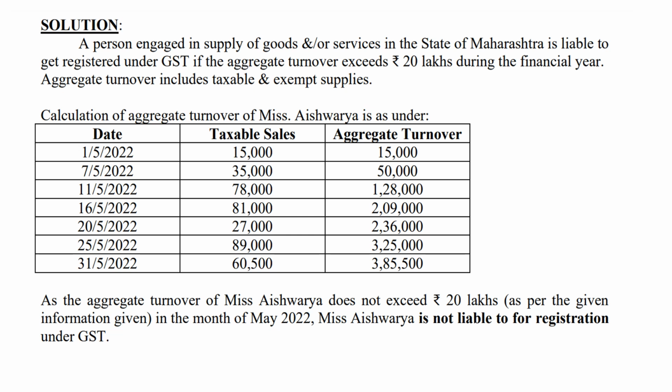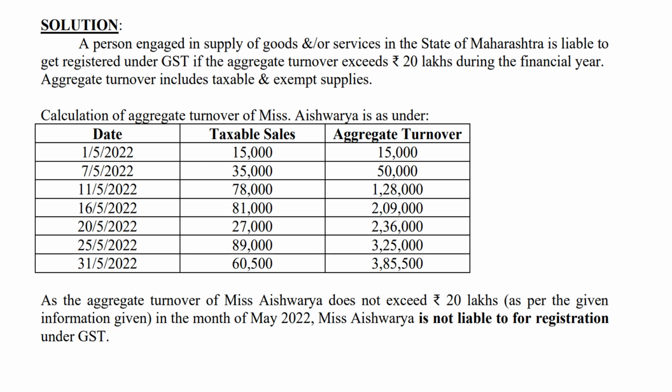So in the solution you will write: the aggregate turnover of Miss Arya does not exceed rupees 20 lakh as per the given information in the month of May 2022. Miss Arya is not liable for registration under GST. Giving the explanation is very important.